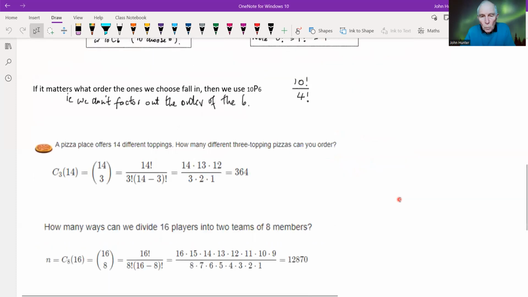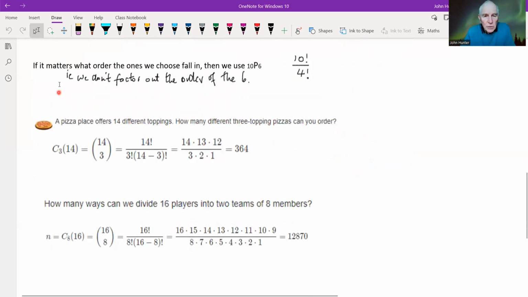That is 1. A few other combinatorial problems here. These are probably slightly simpler than that last problem. If it matters what order the ones we choose fall in, then we use 10p6, as I mentioned above. In other words, we don't factor out the 6.